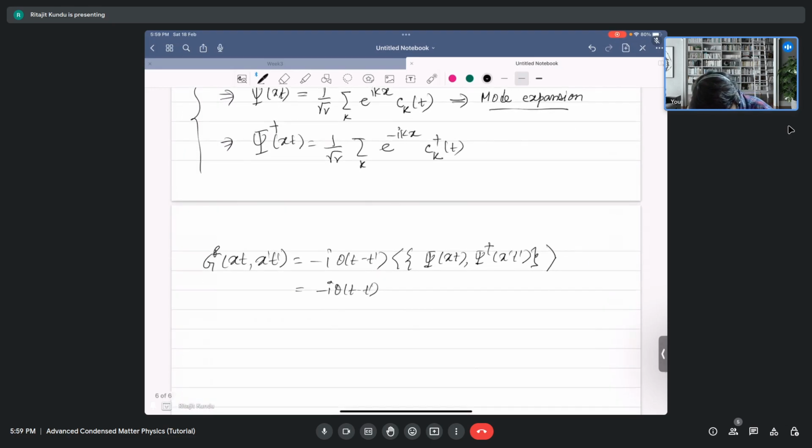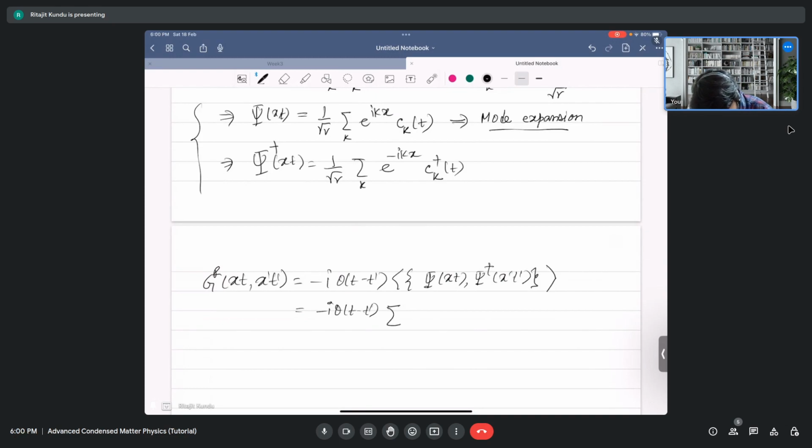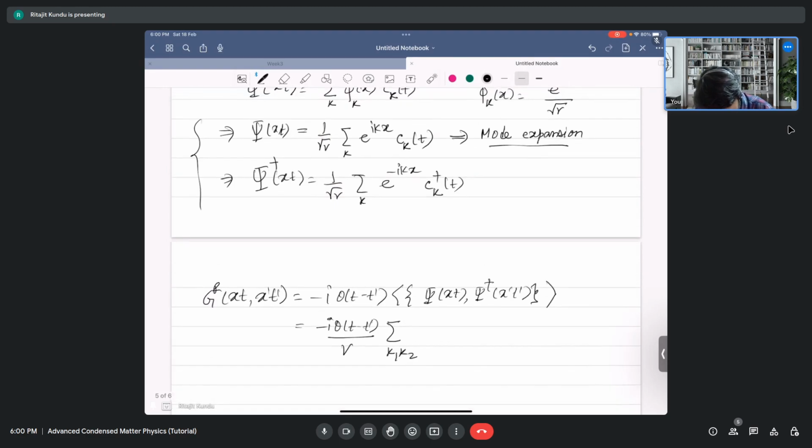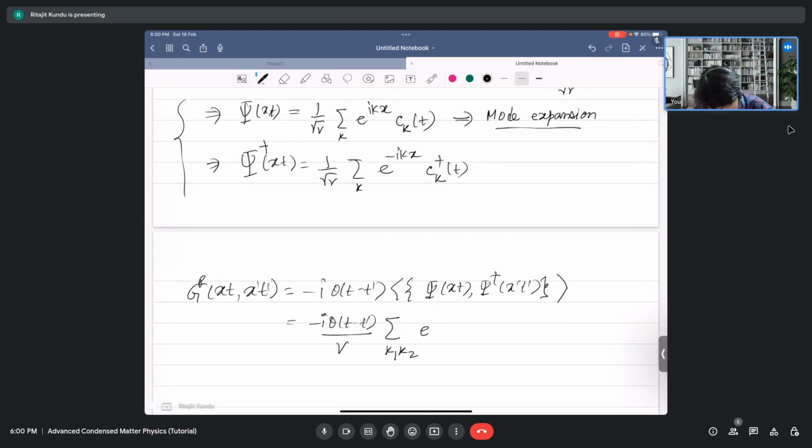I'll put a V directly, because I have two square root V's which make up this V. Then I have two momentum summations. Because momenta are dummy variables of the summations, I'll just take k1 and k2. Then I'll have e^{i k1 x} and e^{-i k2 x'}, and then the rest of the anti-commutator.